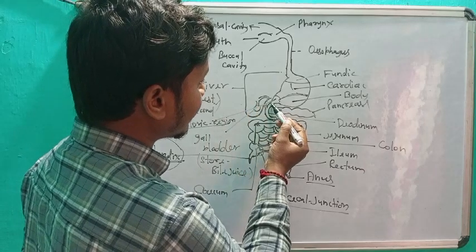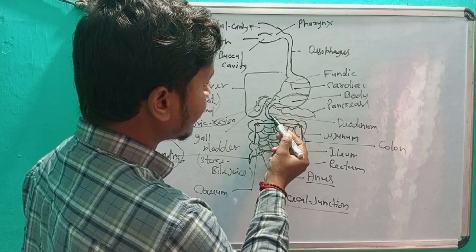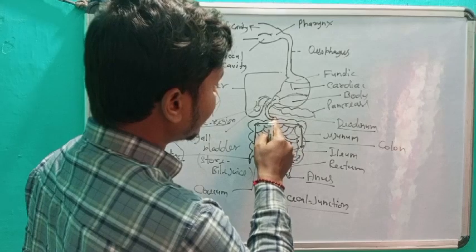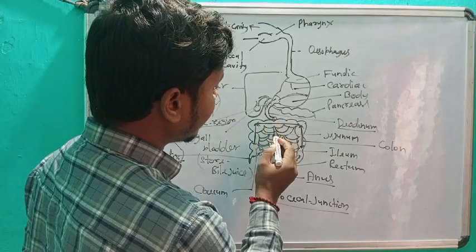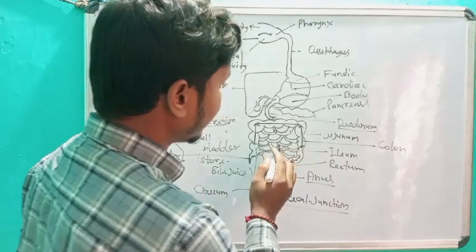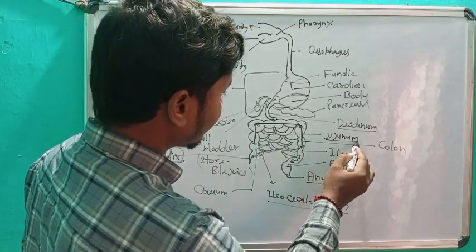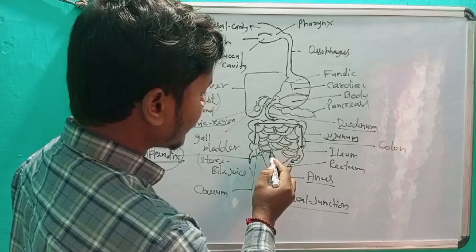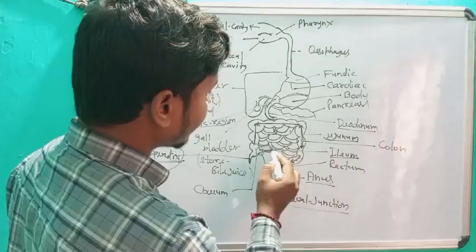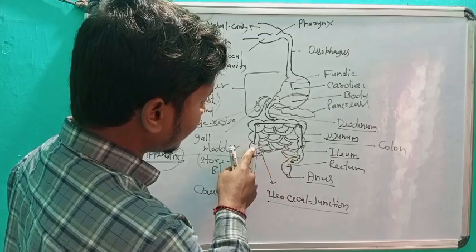After that, the stomach enters the first part of the small intestine, known as the duodenal region. The duodenum enters the next region of the small intestine, known as the jejunum, and the last portion of the small intestine is the ileum, and the ileum enters the large intestine.